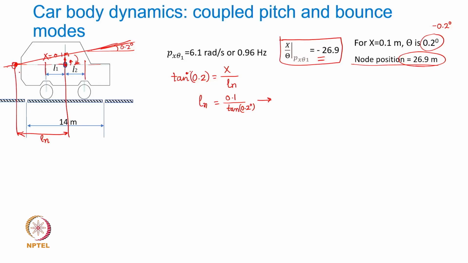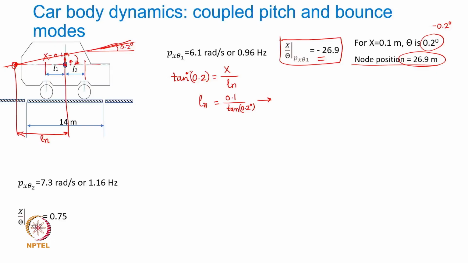So it means that the car is going to have very little oscillation or very little pitch when the bouncing is happening. So this first coupled pitch bounce mode is going to have predominant bounce motion and a very little pitch motion. Okay, and let us figure out what happens for the second mode.